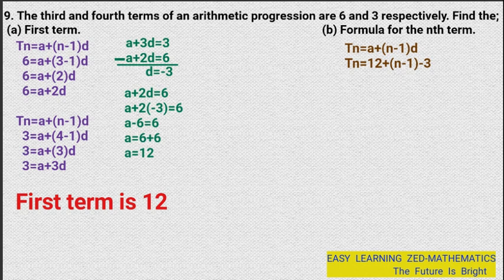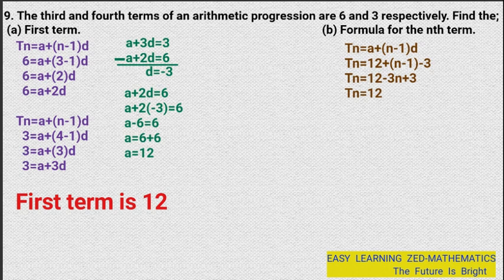So I'm going to say Tn is equal to 12. Then -3 times n will give us -3n. Then -3 times -1 will give us +3. Then I'm going to collect like terms together there. Tn is equal to 12, then I'll bring 3 closer to 12 because 3 and 12 are like terms.